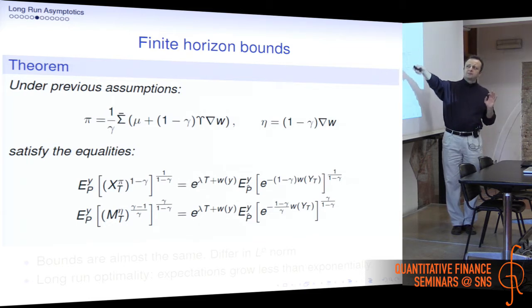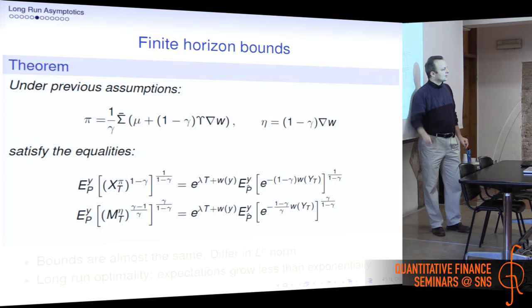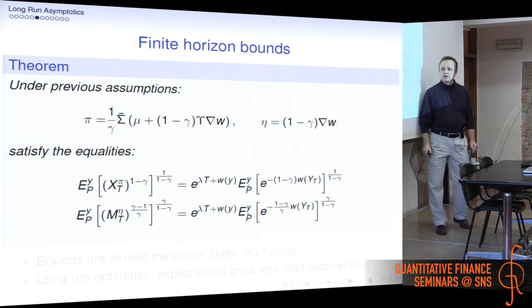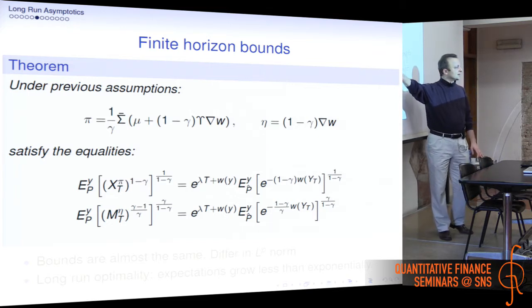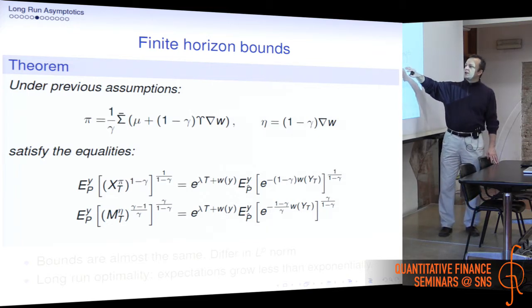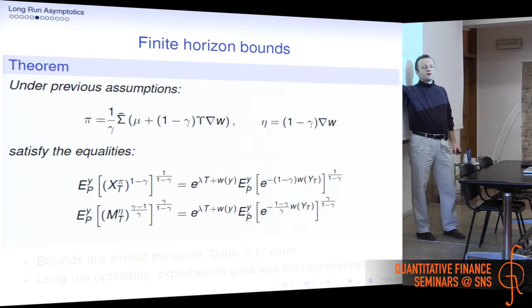So the candidates, portfolio and risk premium, are given by this expression, and these two candidates satisfy these bounds, okay? So what are these bounds saying? Well, this is essentially the certainty equivalent of this payoff, okay? At a fixed horizon. And it is telling us that the certainty equivalent of this payoff is equal to the exponential of the certainty equivalent rate times t.